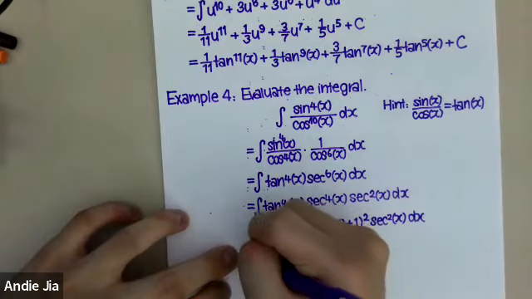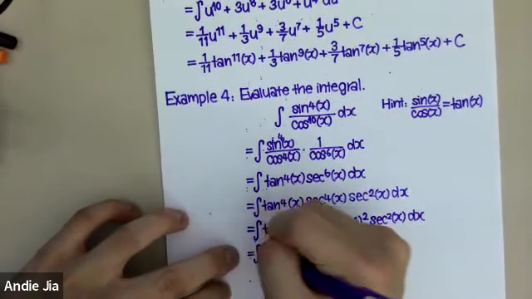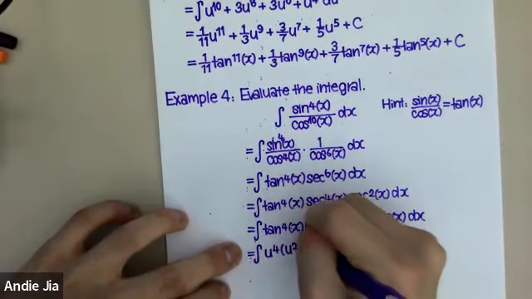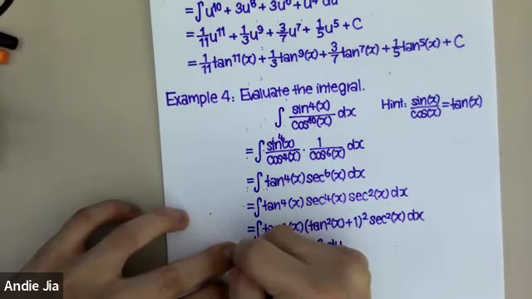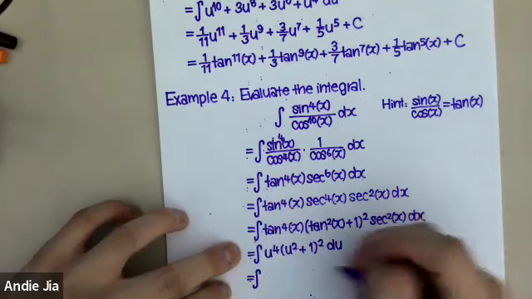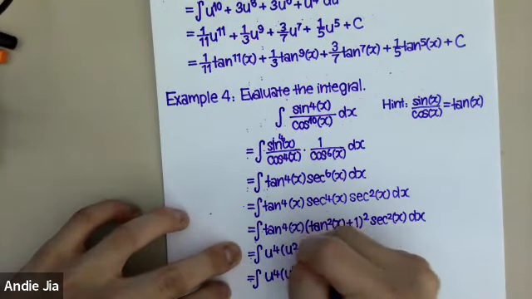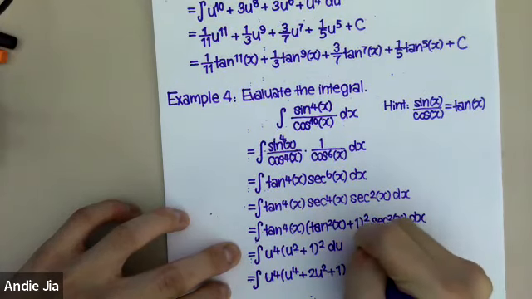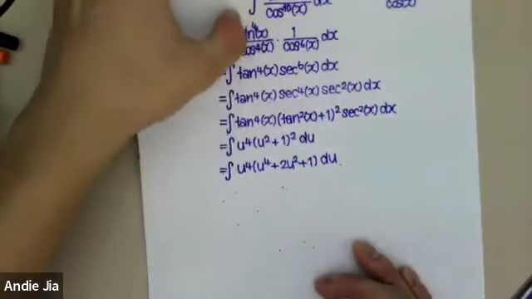For the u substitution, I'm just gonna do this u sub here. You're just gonna get u to the 4 times (u squared plus 1) squared. Expand the expression.